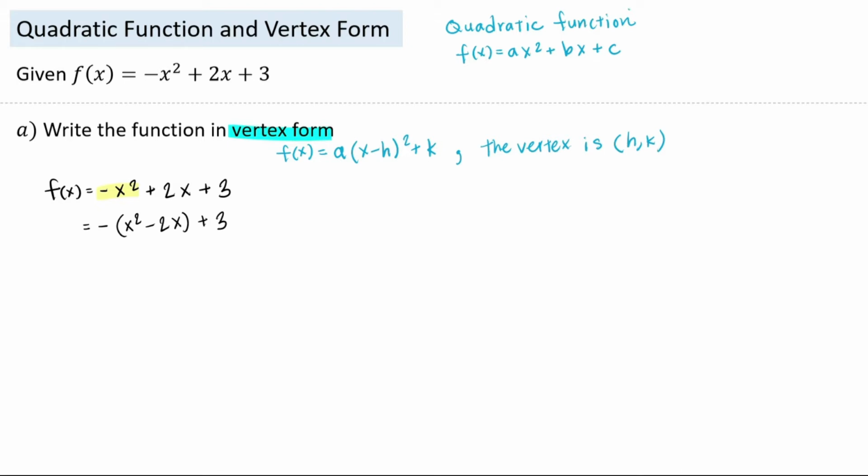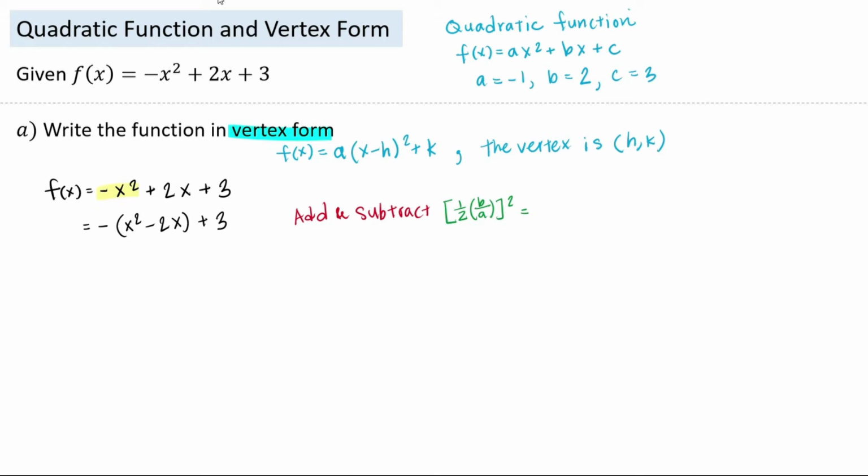Because we want to complete the square, we need to add and subtract 1 over 2 times b over a, squared. From the original function f of x, a is equal to negative 1, b is equal to 2, and c is equal to 3.